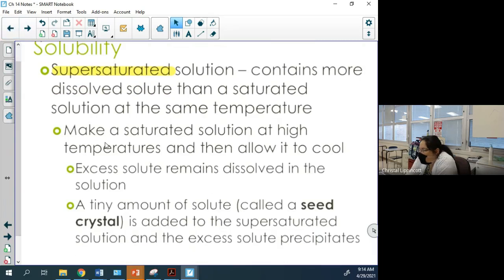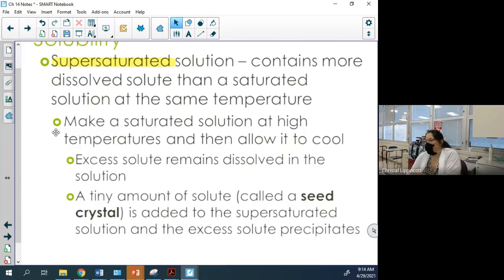All right. There is also another situation called supersaturated. This is where you can heat up a solution, get a whole bunch of solute in there, and then cool it back down.